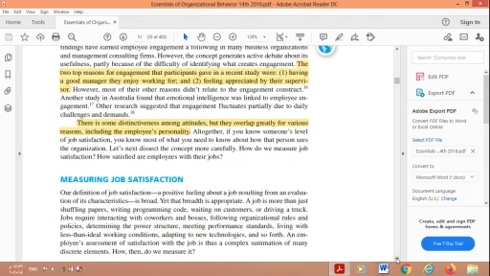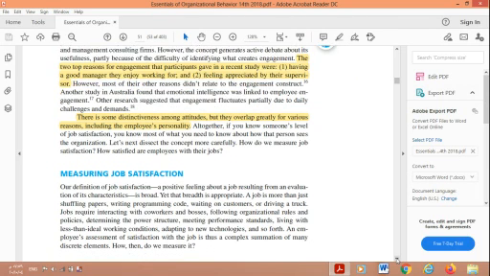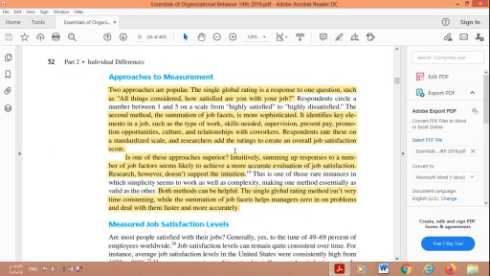Okay, after that we wanted to know how we can measure a job satisfaction. There are two ways or two approaches to measuring the job satisfaction. The first one is a global rating. What do we mean by the global rating approach? It is a response to one question. It is simply to ask the employee whether he or she is satisfied or dissatisfied with this job.